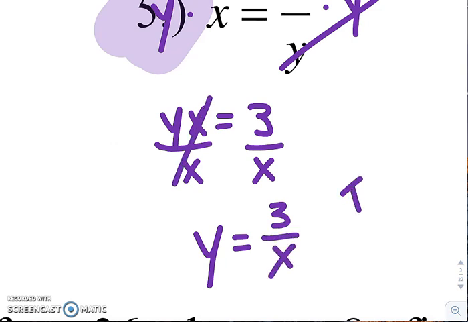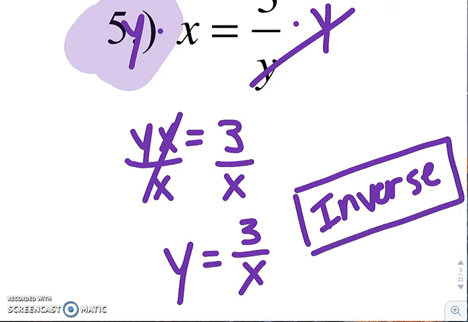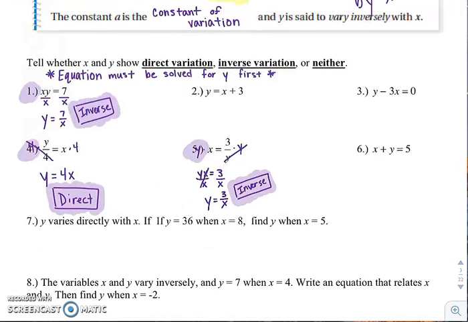So this would also be a type of inverse variation. So if it's dividing by x, it's inverse. If it's multiplying by x, it's direct. So go ahead and try 2, 3, and 6. I'm going to go down here and go to number 8.